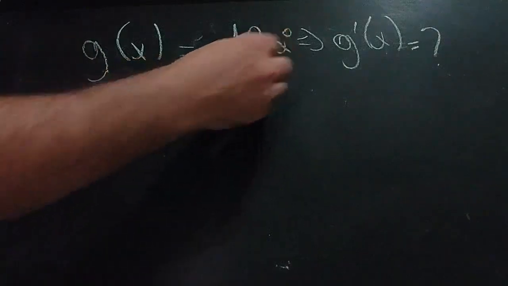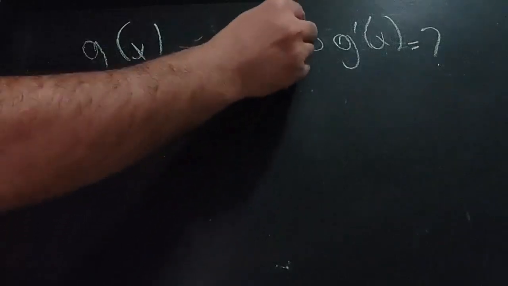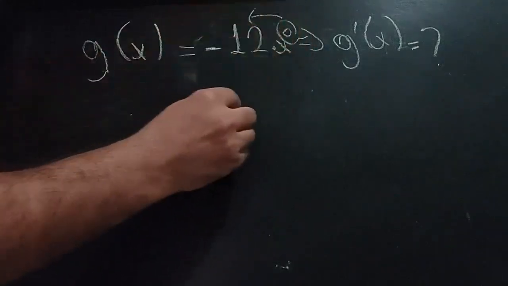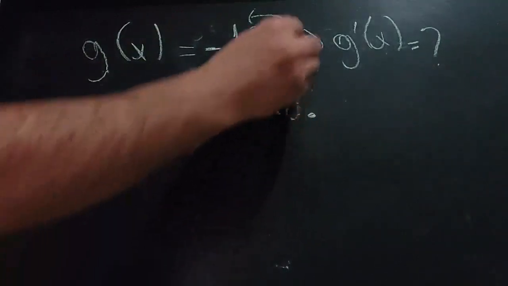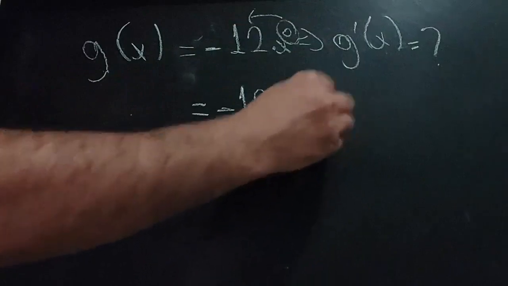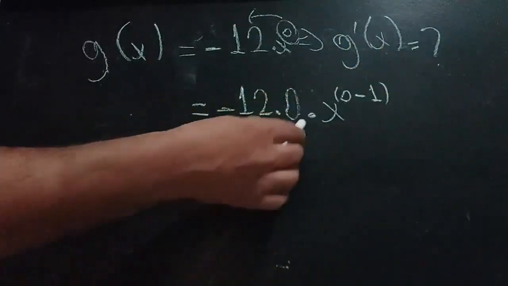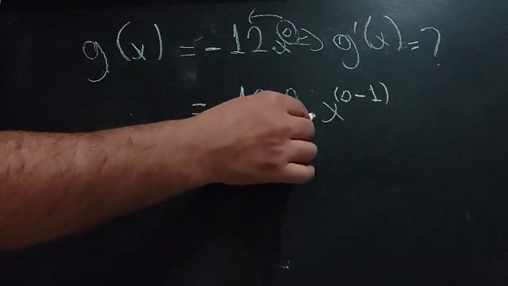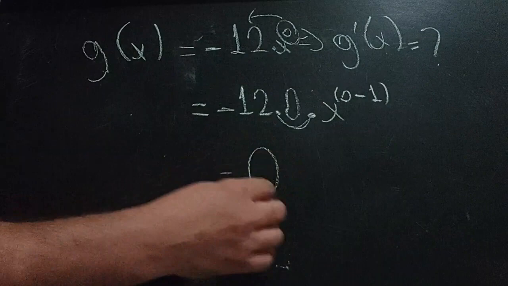So now that 0 is going to come down, negative 12 times 0 times x power 0 minus 1. See, in an expression, if you have just times 0, you don't need to do anything else. The result is going to be 0.